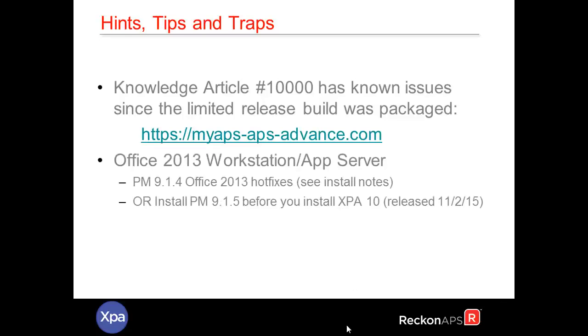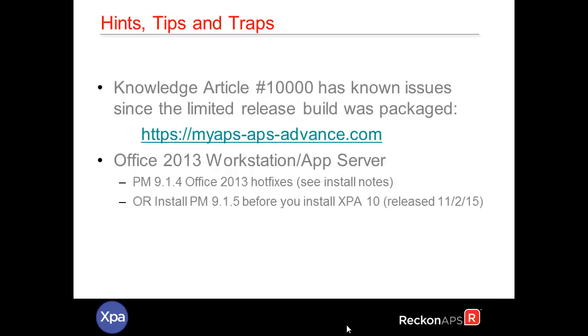Office 2013 workstations or application servers. As part of the installation notes, it was very clear in a section in there for Office 2013 workstations. The prerequisite is to have PM 9.1.4 Office 2013 hotfixes, or if you haven't got those installed, we recommend you upgrade to PM 9.1.5 before you install XPA 10.